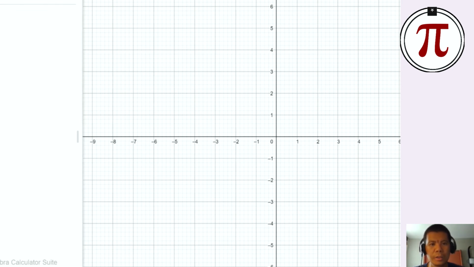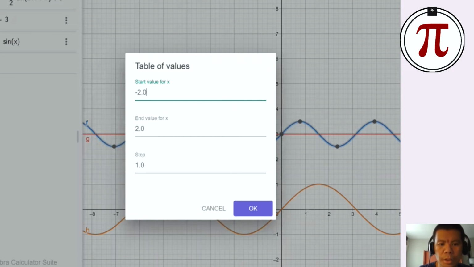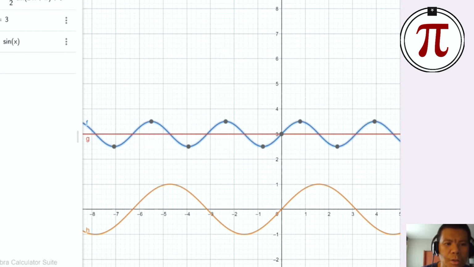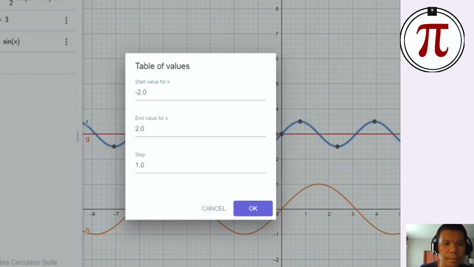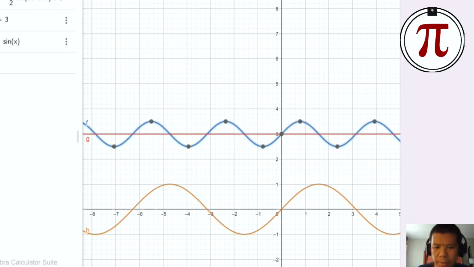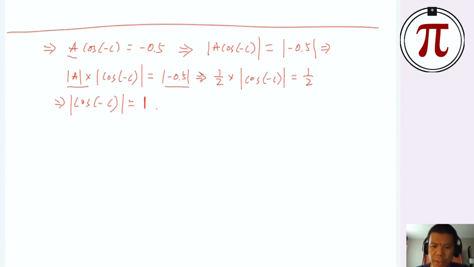Just one second. Anyway, I'm just going to draw here.